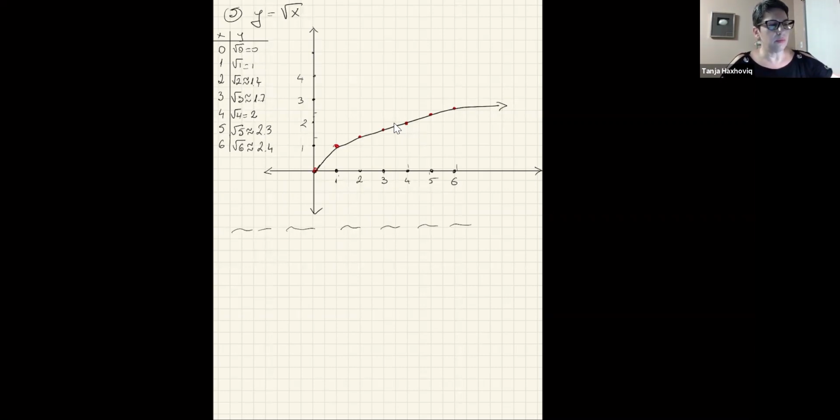The point in which the graph of a function intersects with the x-axis, we'll call an x-intercept. And the point where the graph will cut or cross the y-axis, we'll call a y-intercept.